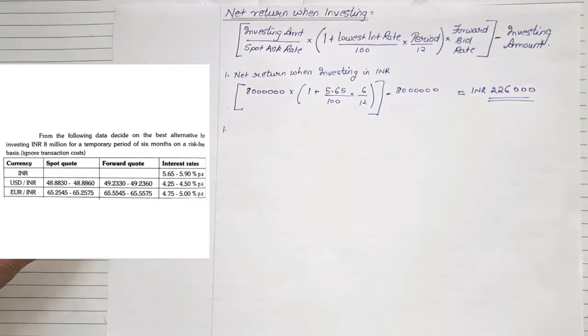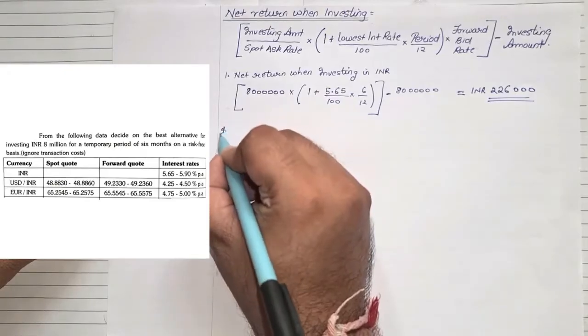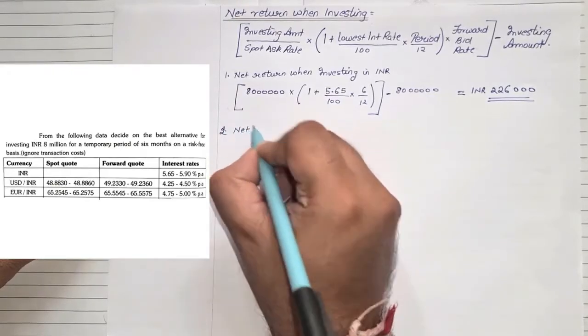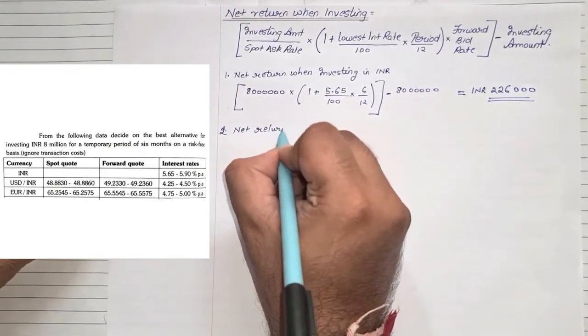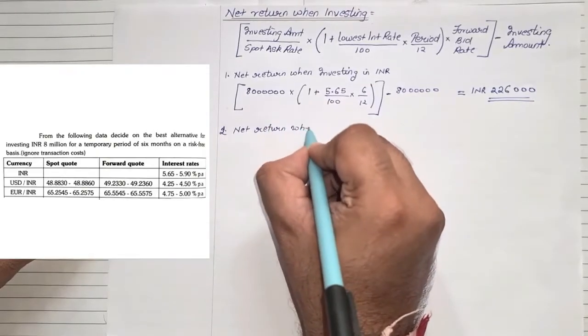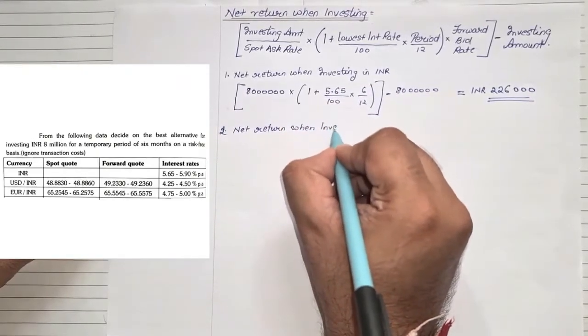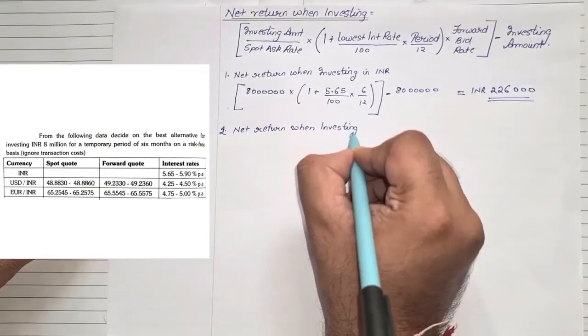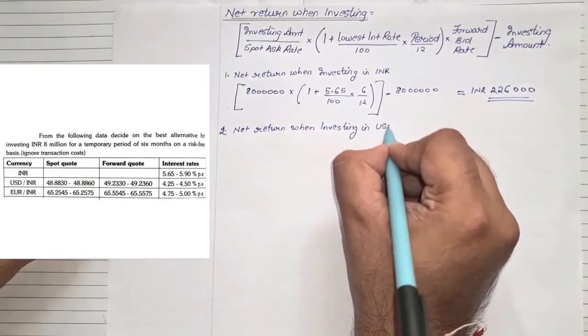Now they have given you the values of euro. The second currency is USD, and then it is euro. So first we'll start with the USD part. I'll write here number 2, net return when investing in USD.